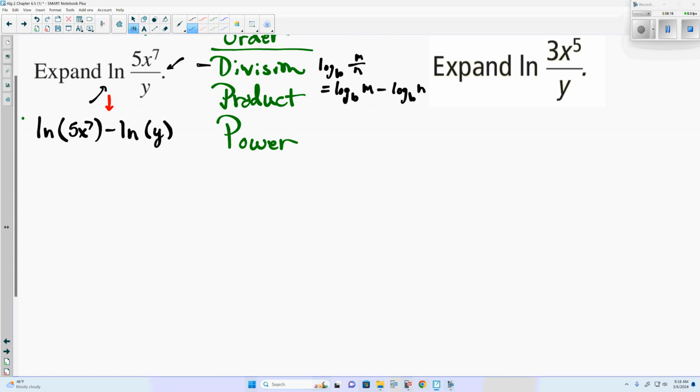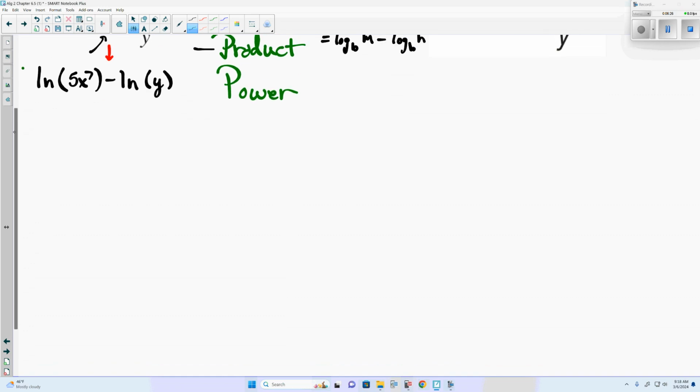Okay. The next one is product. Anytime we have 2 or more things multiplied together, it is the same as addition. So log base b of m times n is equal to log base b of m plus log base b of n.